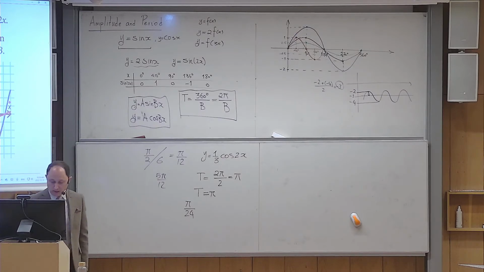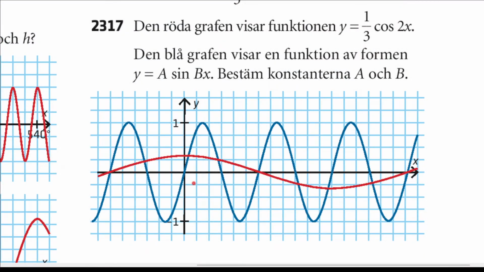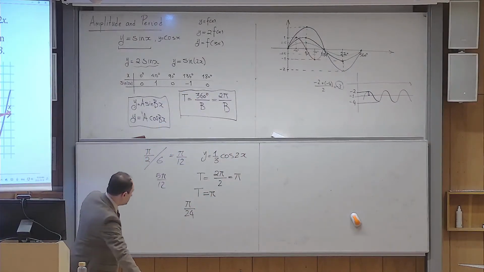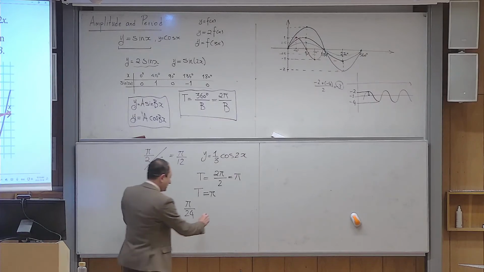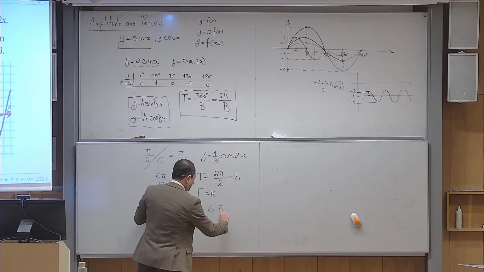Okay, now come back to the picture. So, what is the period? Where is the period? How long is the period of the blue curve now? 1, 2, 3, 4, 5, 6. So the period of the blue curve is 6 times larger than this number. So this is 6 times pi over 24.